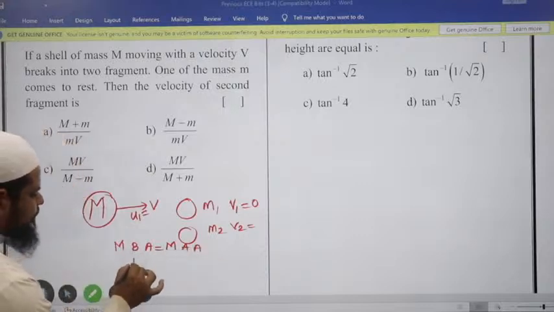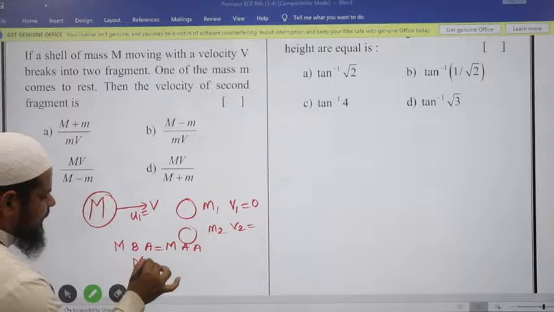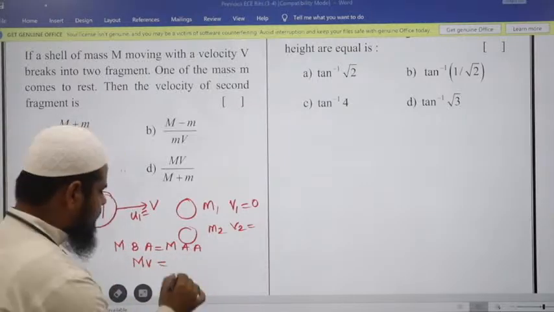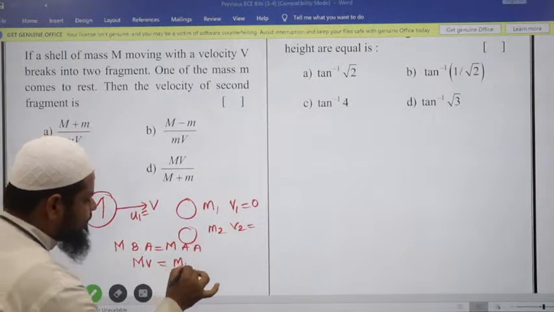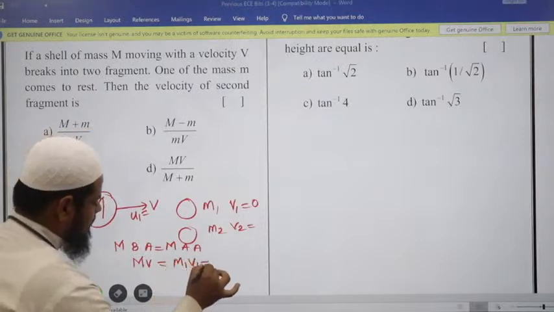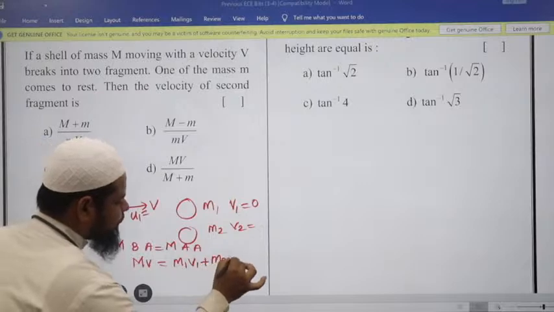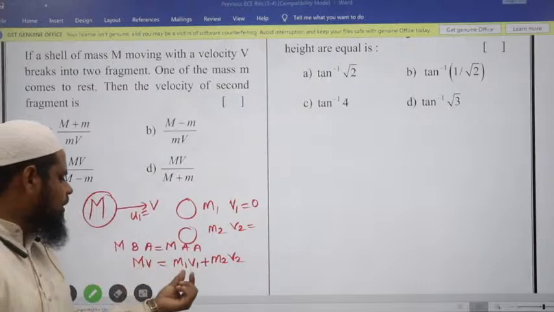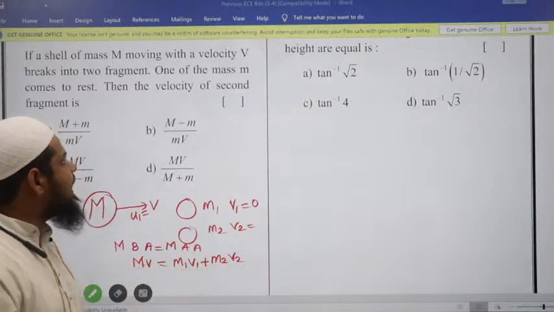So before action mv, after action it splits up into two pieces. The first one m1 v1, the second one m2 v2.